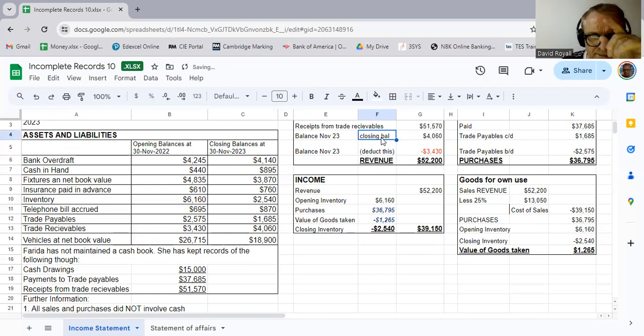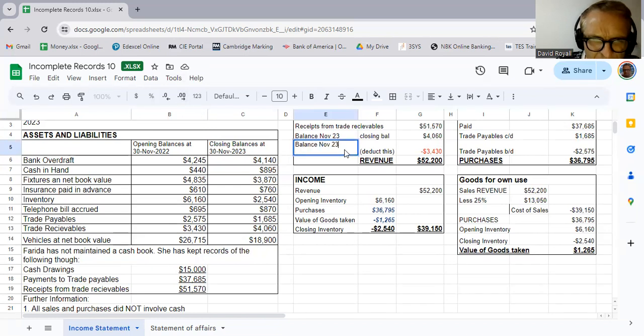Now, why we add that in: because we sold the goods, we just haven't collected the money yet. But for the start of the year, the reality is that money collected, 3,430, was from the previous year's sales. We can't double count that. That belonged to last year. So the net revenue from sales was 52,200.